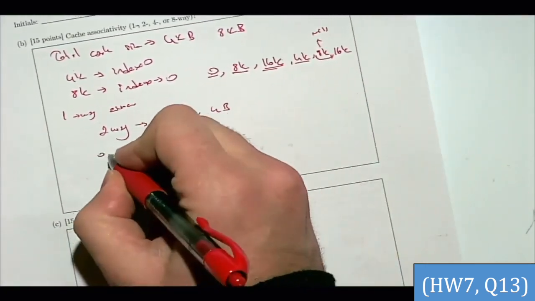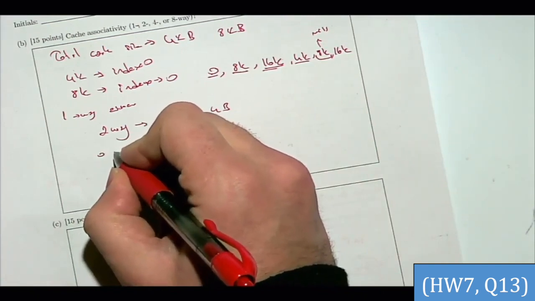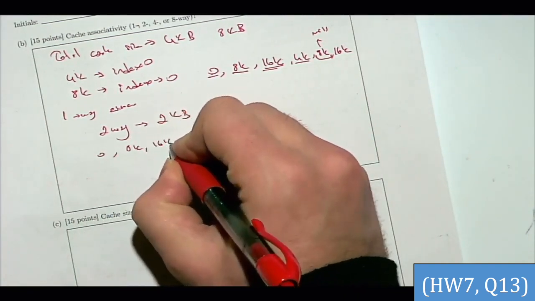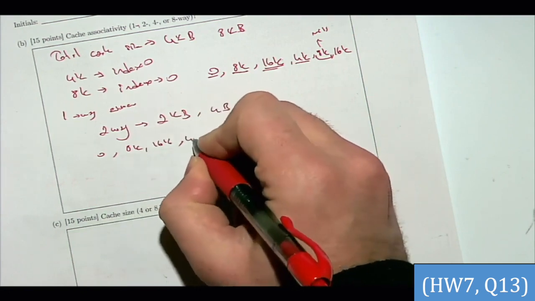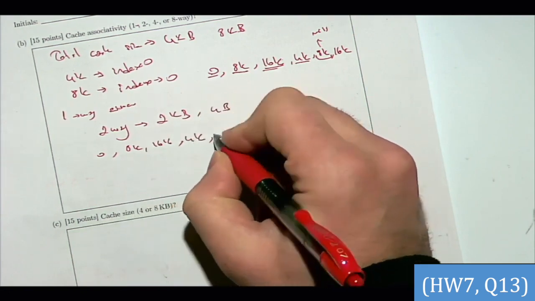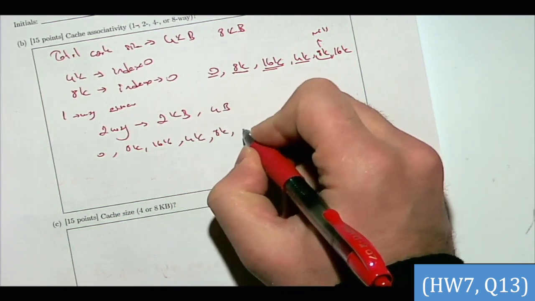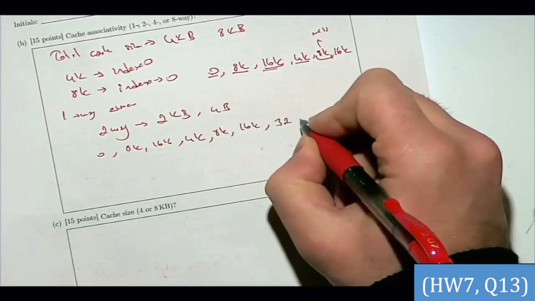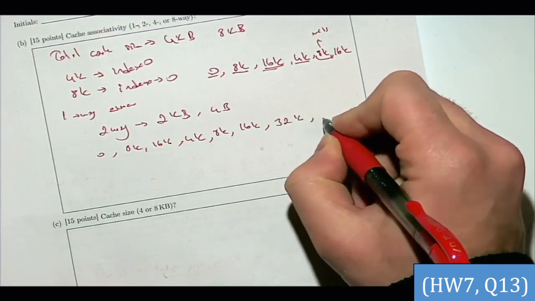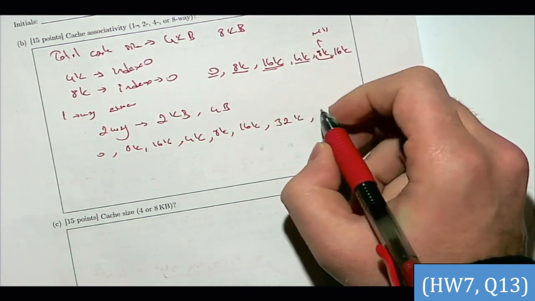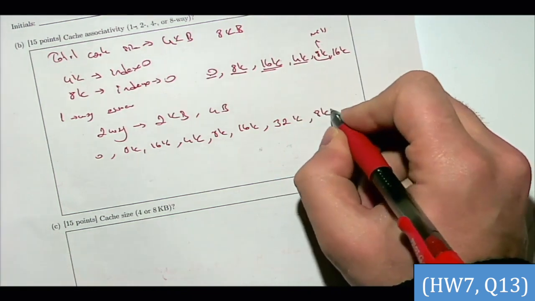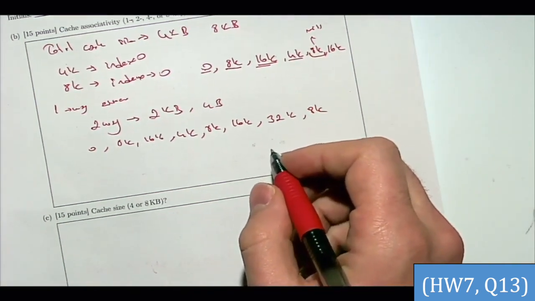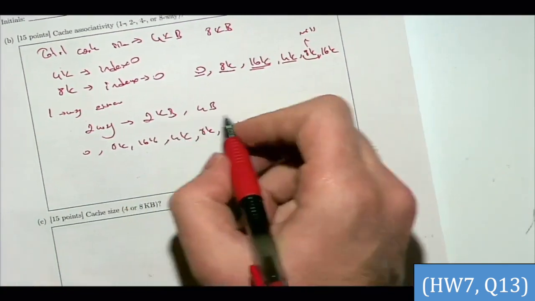So the multiples are basically the same: 0, 8K, 16K, 4K, 8K, 16K. I think I need to write more. 32K. And 8K, I guess. Yeah. Oh, right.